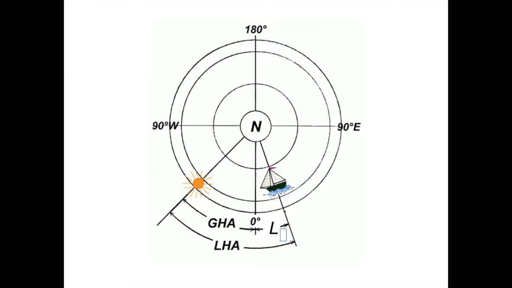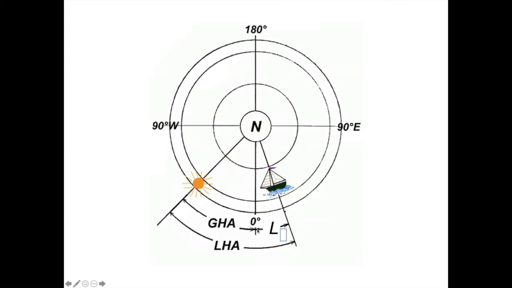So longitude is time. We have here in this diagram this angle being the Greenwich hour angle and the local hour angle, right? You have the sun in here. So this is the 0 hour angle. This is the hour angle measured at Greenwich. And this is the hour angle measured at your local longitude.